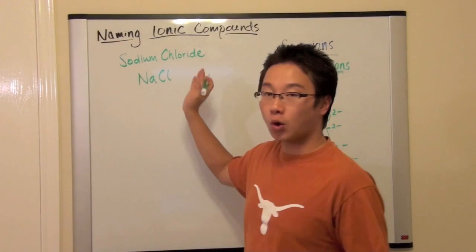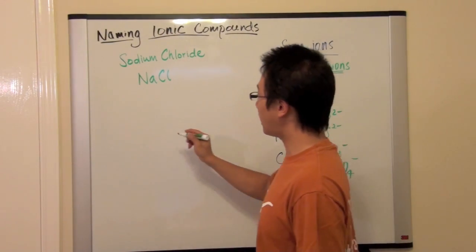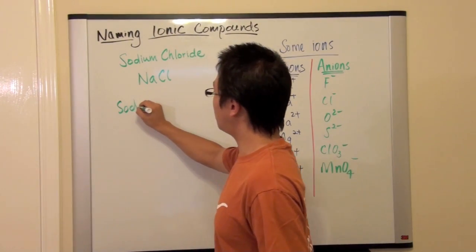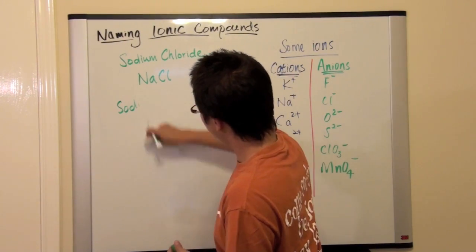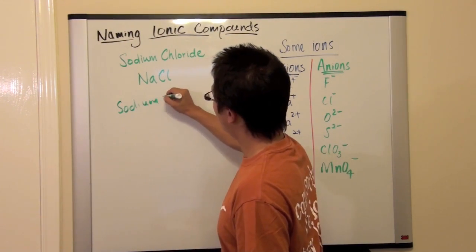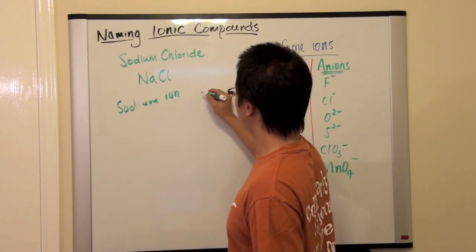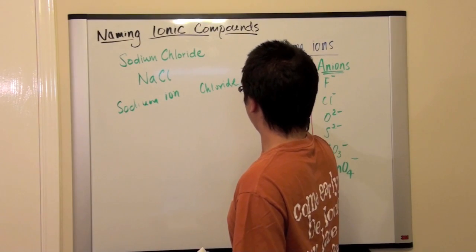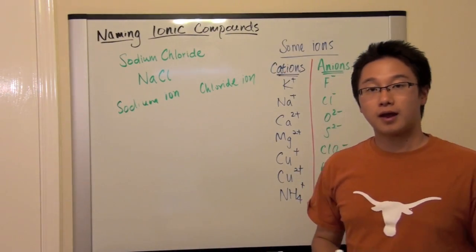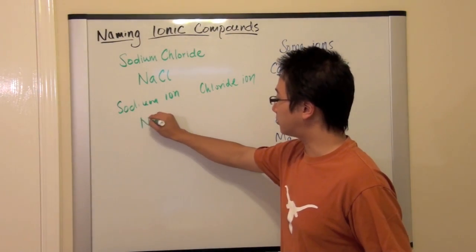So let's break it down. When we say sodium chloride, what it means is that we have sodium ion and chloride ion. Okay? Now, let's write them out here.